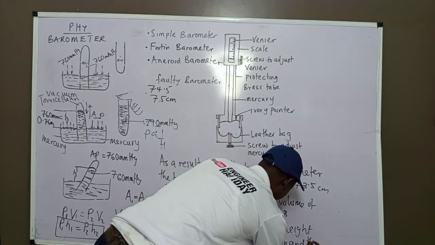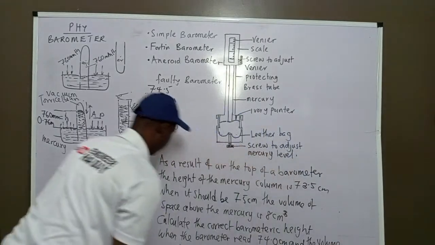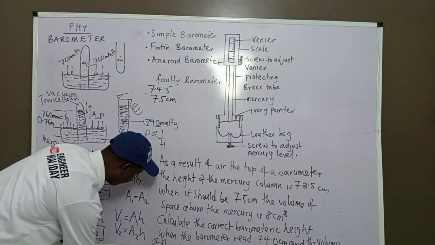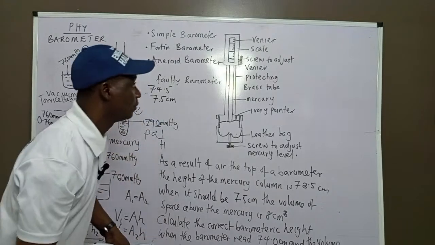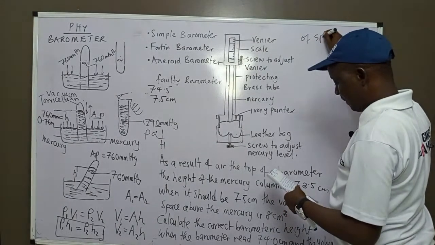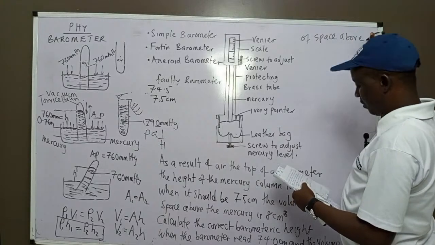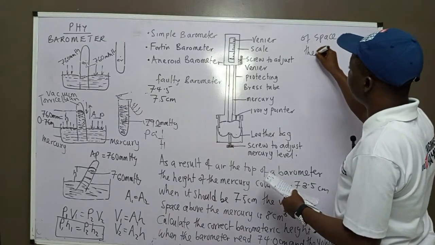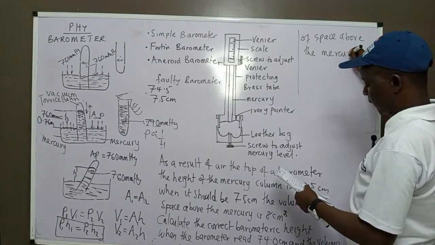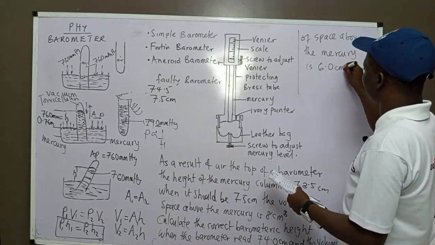and the volume of space above the mercury is 6.0 centimeter cube.